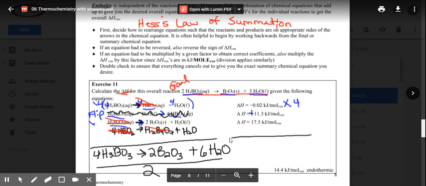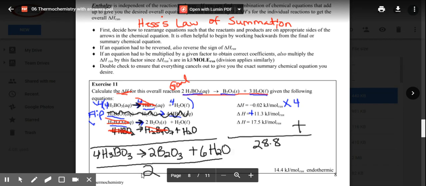What I'm going to do to these delta H's is add all of these delta H values up. When I do so, 4 times negative 0.02 plus positive 11.3 plus positive 17.5, I get 28.8. Now, that value is for 4 H3BO3 yields 2 B2O3 plus 6 H2O.